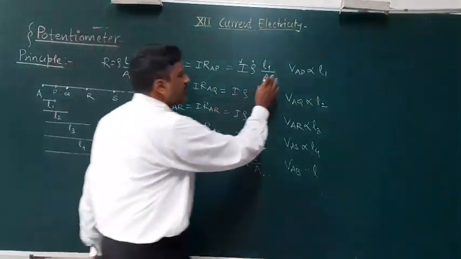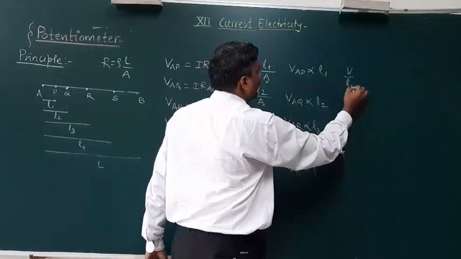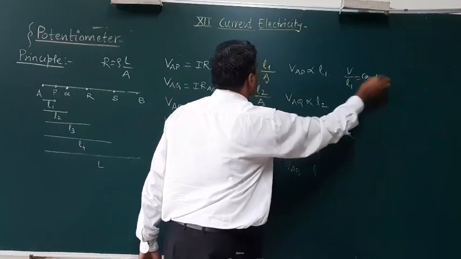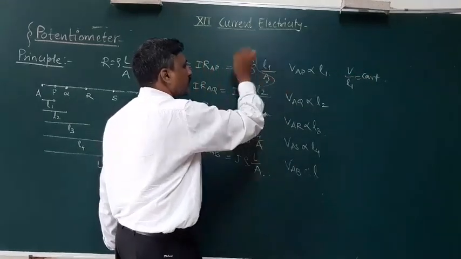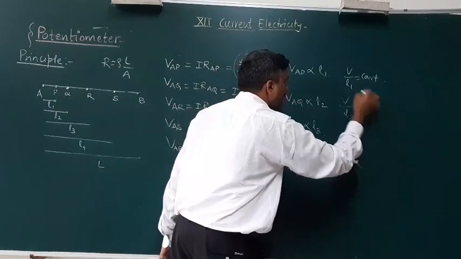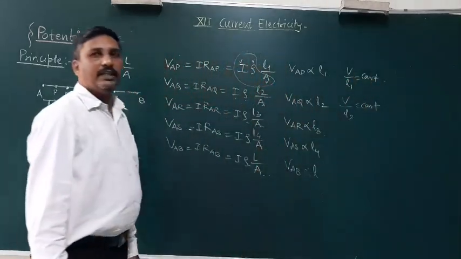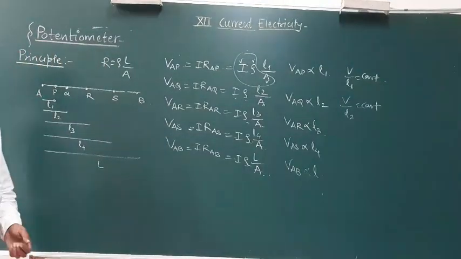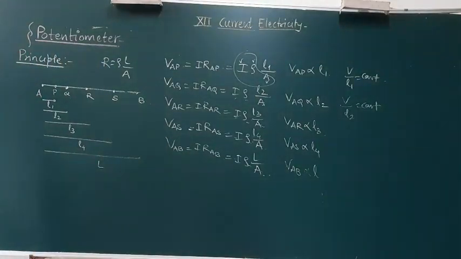Or V by L1 equals a constant, because these terms are constant. V by L2 is a constant, or simply, the potential per unit length is a constant. Okay, this is simply the principle of potentiometer.